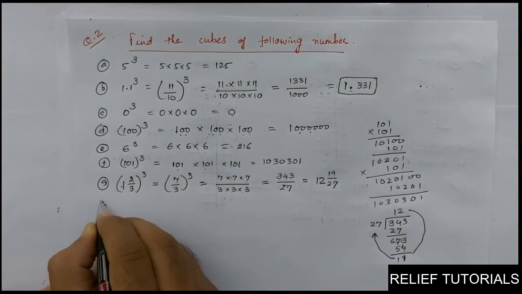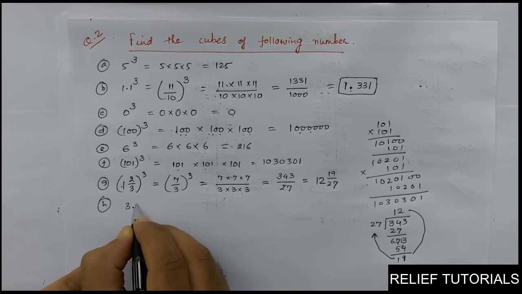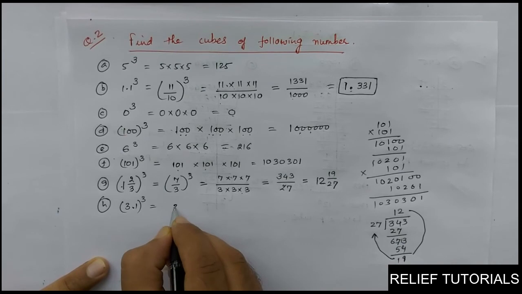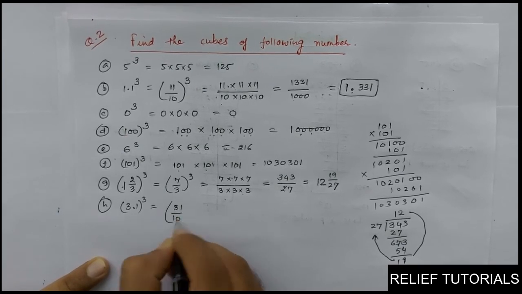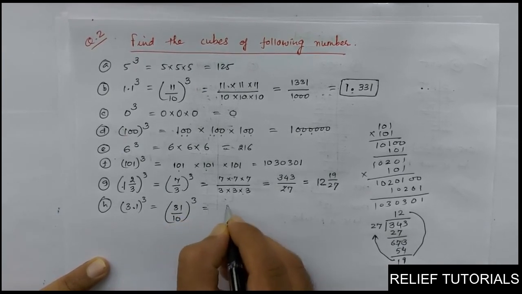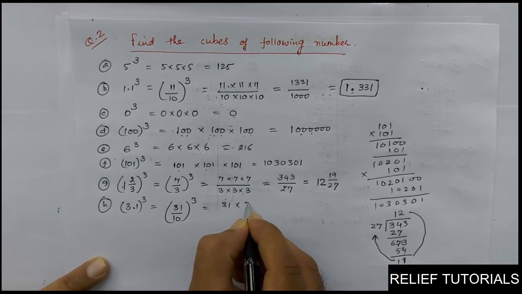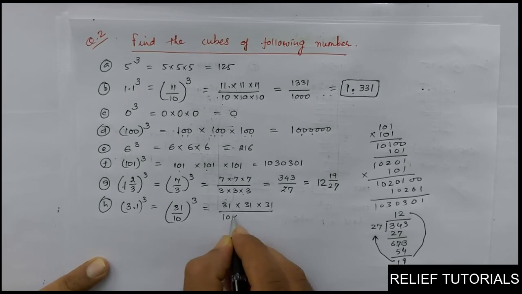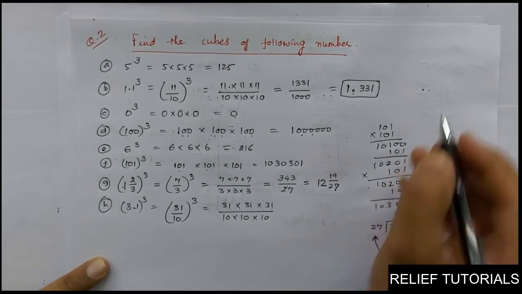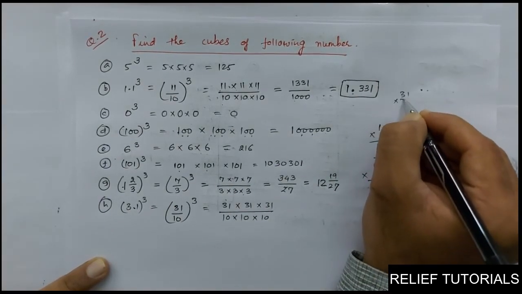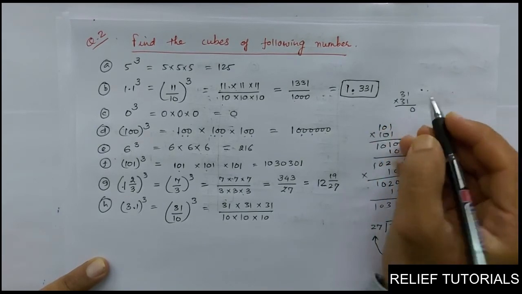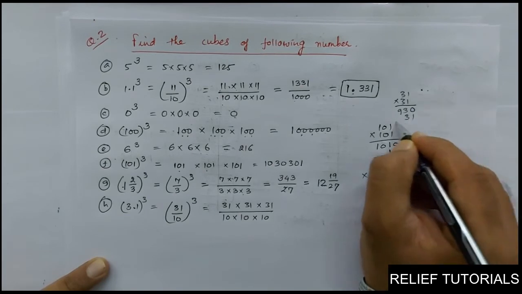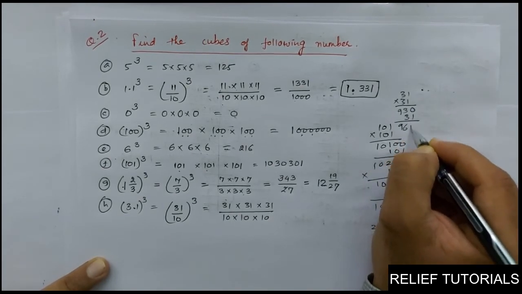H. 3.1 cube. Again 3.1 means it is 31 by 10, the whole cube. Now it is 31 into 31 into 31 divided by 10 into 10 into 10. Now 31 into 31 is 961.